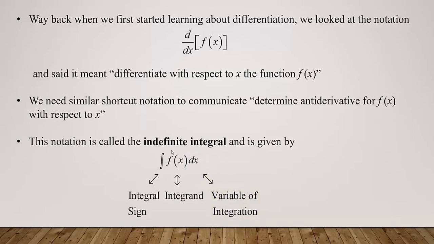So going forward, I'll just read this as the integral of f of x dx. And here's what it's communicating to you: get an antiderivative for the function f of x with respect to x.